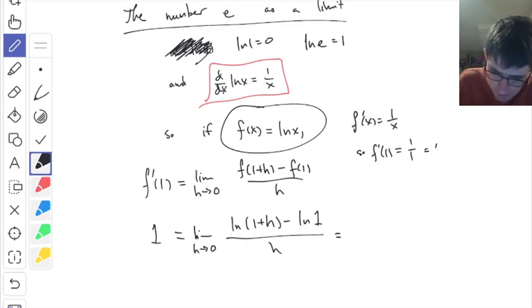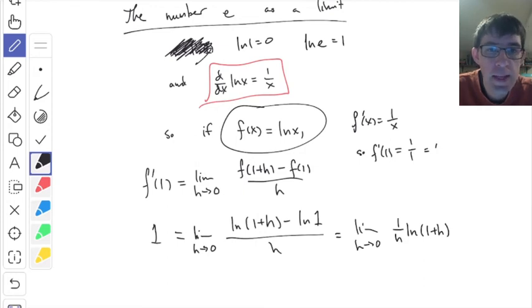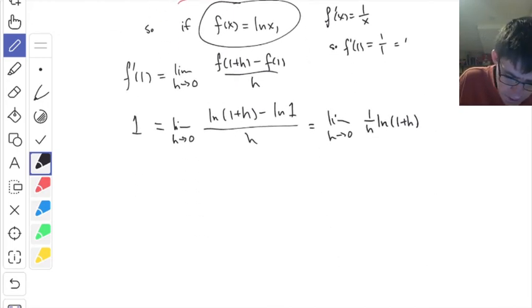So this is equal to lim h goes to 0 of... Can I write it this way instead? Instead of divided by h, I'm going to write it as 1 over h times natural log 1 plus h. All right, the ln 1 is 0, so that goes away. And then instead of dividing by h, I'll write it as times 1 over h. And then here's a non-obvious step. Left side is still equal to 1. This over here, I'm going to use the old rule about exponents of natural logs.